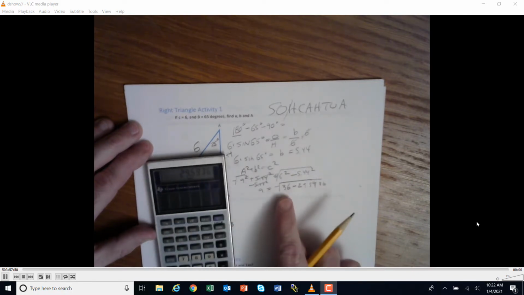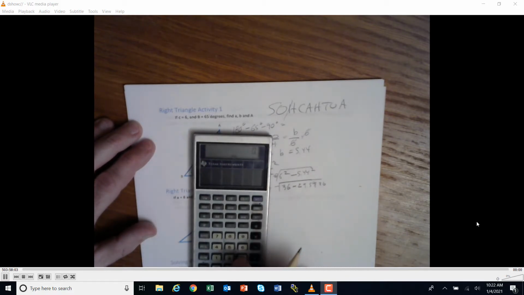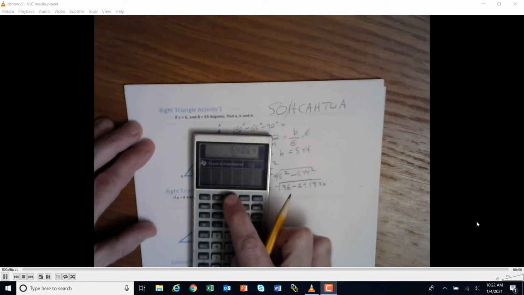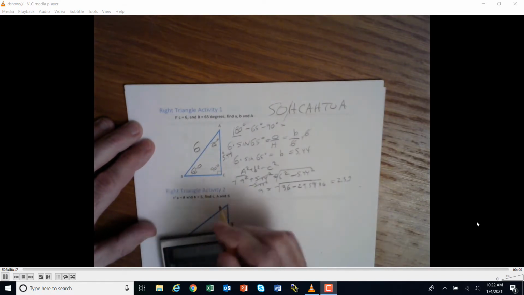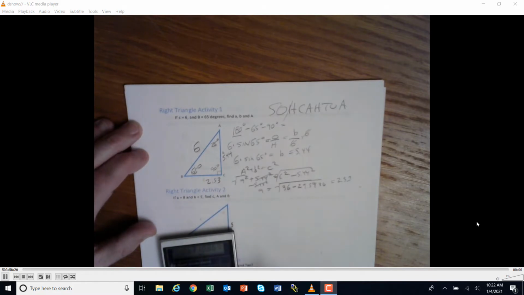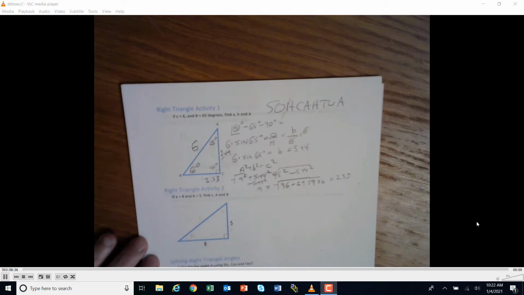So if I subtract these two, 36 minus 29.5936 and hit equals, and I take the square root, I get 2.53. So a right here is 2.53, and you can check it. 2.53 squared plus 5.44 squared, then hit equals and take the square root of that, you'll get 6. So that's different ways to do it. You can use SOHCAHTOA, or you can use a mix of SOHCAHTOA and Pythagoras.